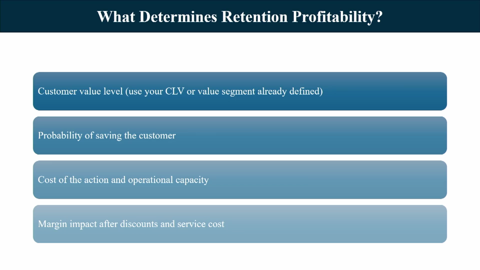You always need to keep a tab on what intervention you are going to take, what the expected retention is, and whether your current operations or production unit can actually take care of that retention or not. That will determine the retention profitability.